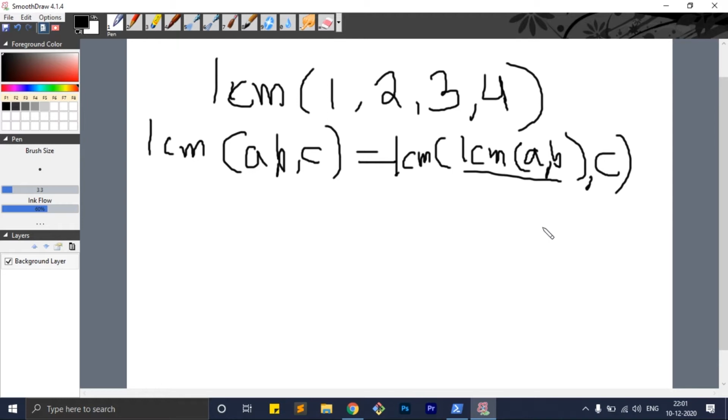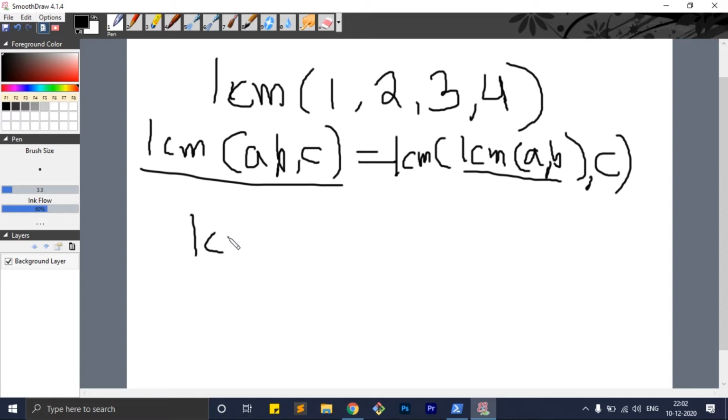But the Euclidean algorithm is particularly for GCD, the greatest common divisor. So what does GCD have to do with LCM? There is a relationship between GCD and LCM. So instead of calculating LCM directly, I'm going to calculate GCD, and using a particular relationship we will get the LCM of all these numbers.